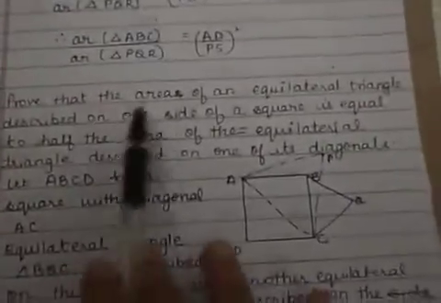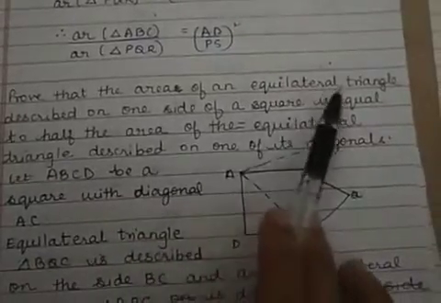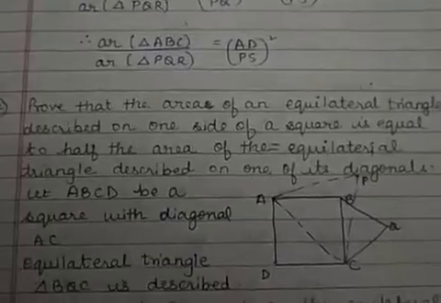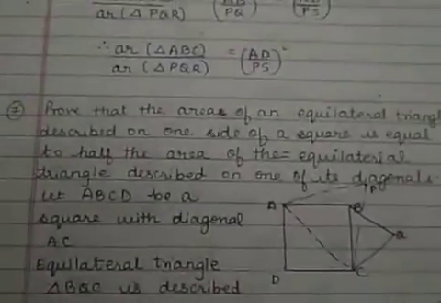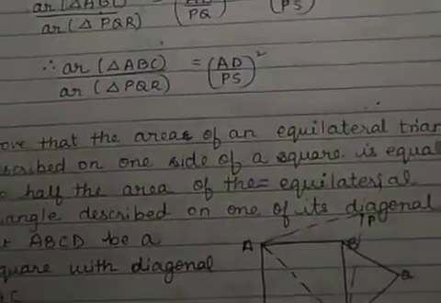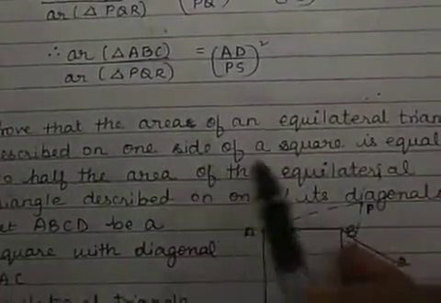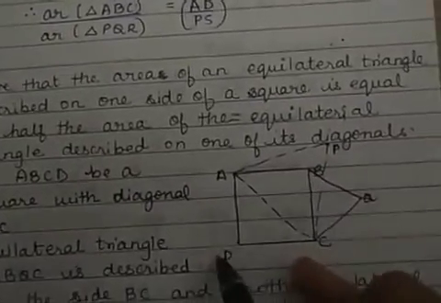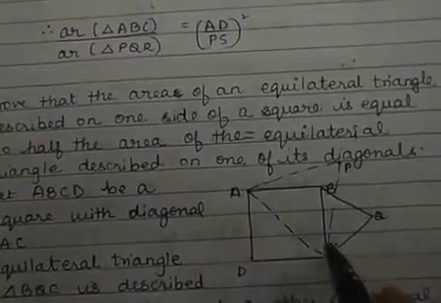Now let us solve another example. Prove that the area of an equilateral triangle described on one side of a square is equal to half the area of the equilateral triangle described on one of its diagonals. Here again you are not given the figure, so we have to take a square first. Let ABCD be a square with diagonal AC.